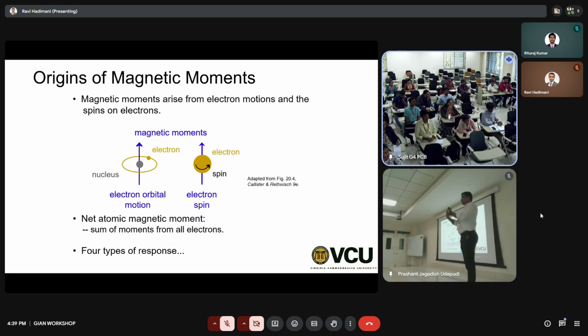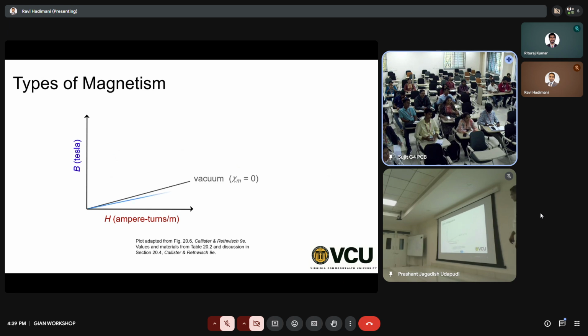Any material that carries energy is in a higher energy state, so it always wants to come back to the ground level, which is a low energy state. That is more stable. That's why a lot of the elements have very few unpaired magnetic spins. There might be unpaired electrons, but they cancel out, so the resultant spins are always zero.